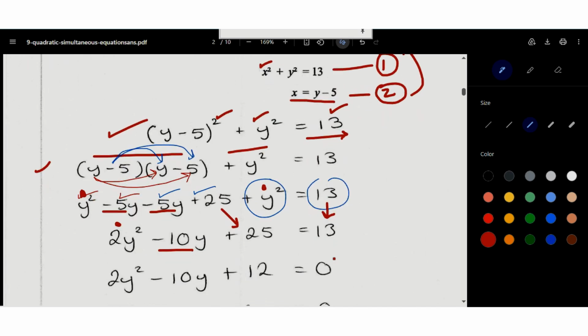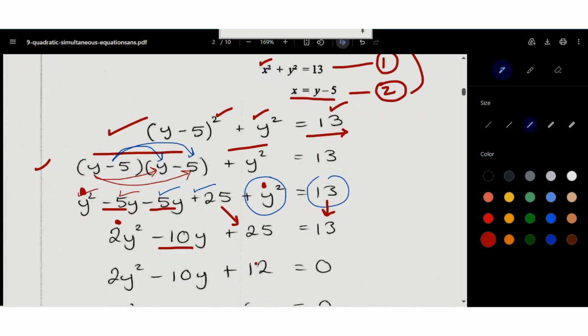And then next step, I simplify more. A lot of kids ask, how did the teacher get 12 here? Basically I subtracted 13 on both sides. Here is negative 13. So plus 25 and negative 13 is plus 12, and negative 13 and 13 is 0 here, and these two values are the same as they are.